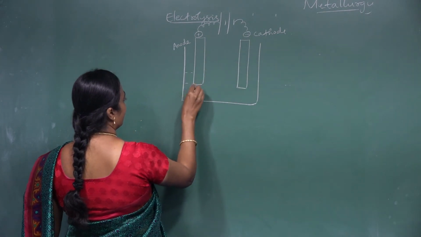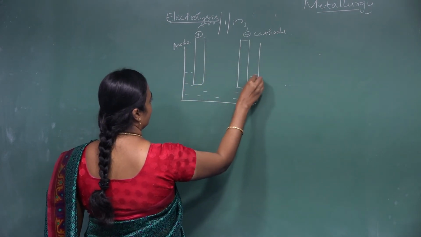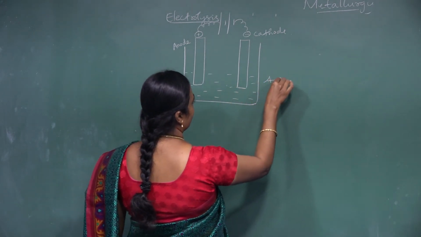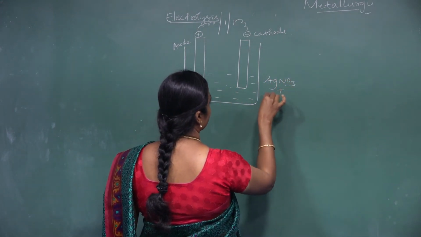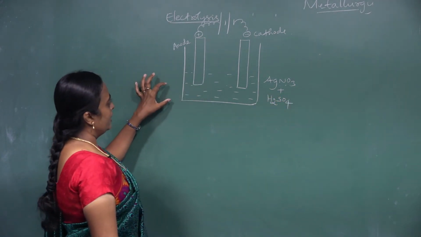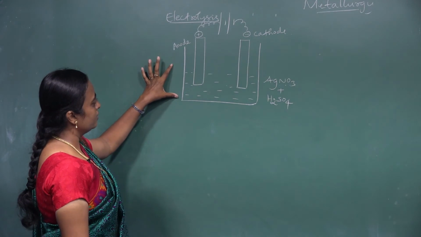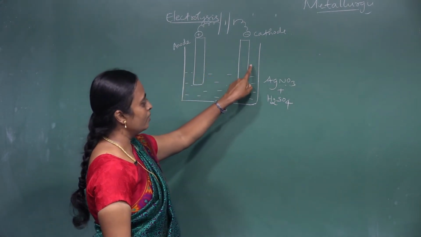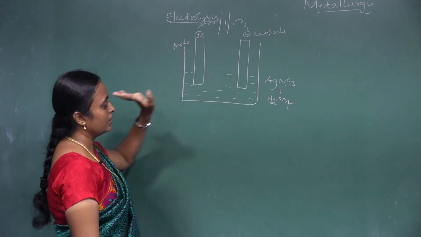And here we take the electrolyte. The electrolyte is a mixture of silver nitrate plus sulfuric acid. The impure silver is considered as the anode, and the pure form is considered as the cathode.